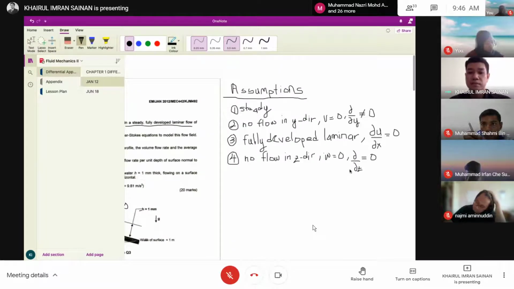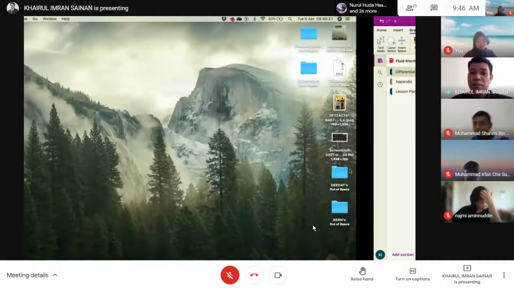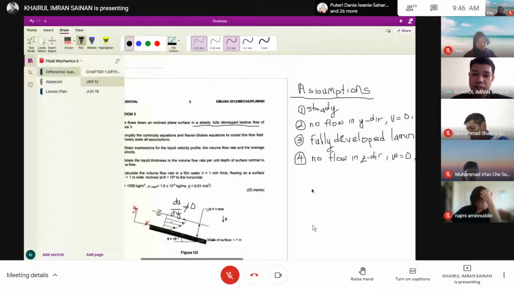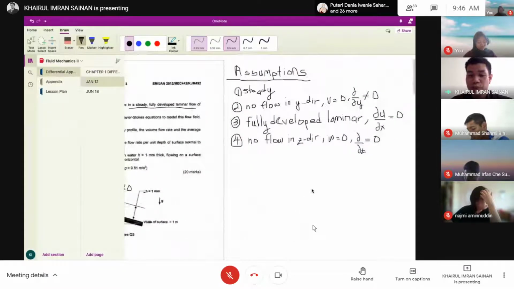That's it. See? The same assumptions, the same number of assumptions. 1, 2, 3, and 4 are enough to solve any problem for Navier-Stokes equation. Actually there are 5, but that fifth one is not the same, so no need. The fifth one is gravity and so on. It depends, so just follow me. 1, 2, 3, and 4 is enough.